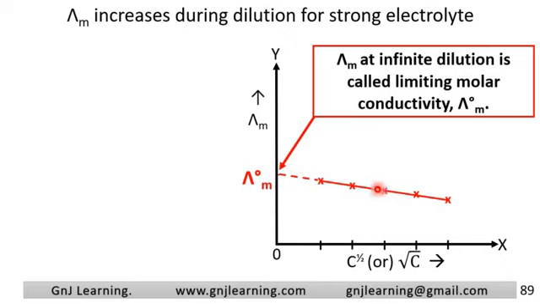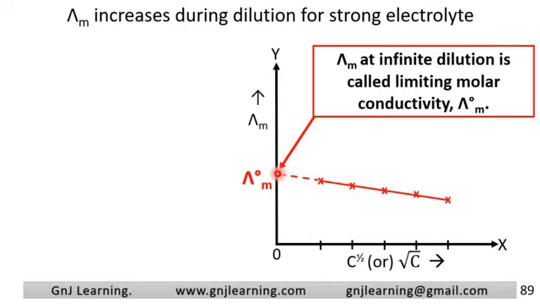I am adding pure water or a solvent into it. By adding solvent, what happens? Molar volume increases and hence lambda m increases. And finally I am extrapolating, meaning I am using a ruler and extending this straight line to intersect the y-axis. When it intersects the y-axis, at that point the concentration is equal to 0 and it is called limiting molar conductivity.